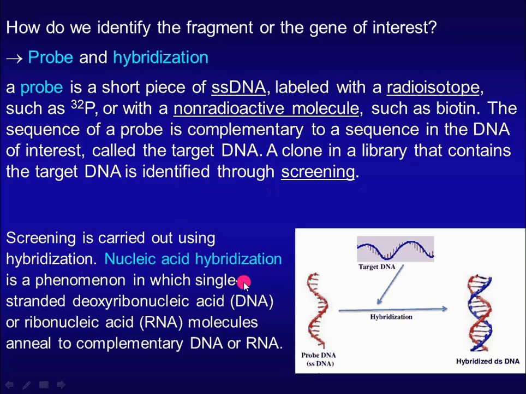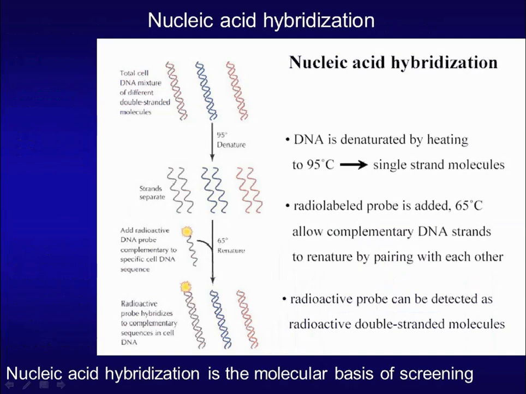This is the example of hybridization. Here, the probe is a single-strand DNA. It adheres to the target DNA and forms a hybridized double-strand DNA. To facilitate annealing between the probe and the target DNA, DNA samples are denatured by heating to 95 degrees.